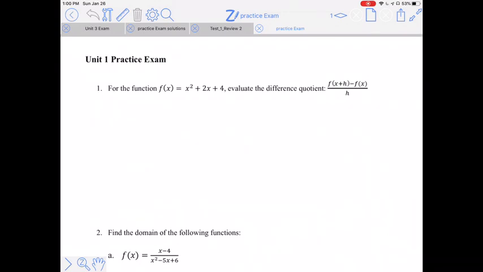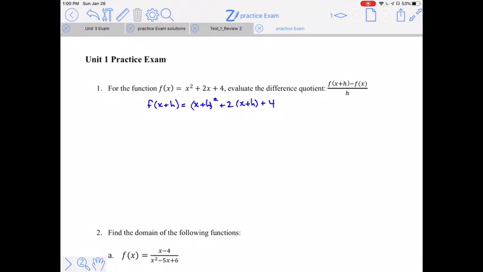First thing we'd want to do is figure out this first piece, f of x plus h. What I suggested is rewriting the entire function, but instead of x's, you make open parentheses where the x's were. So parenthesis squared plus 2 parenthesis plus 4, and then those empty parentheses are just filled with x plus h.